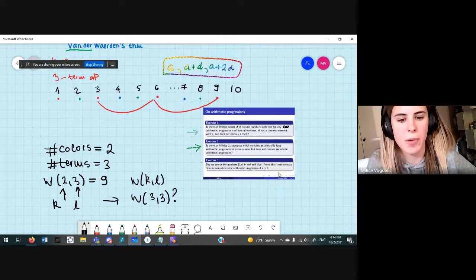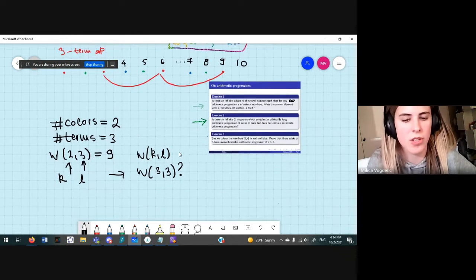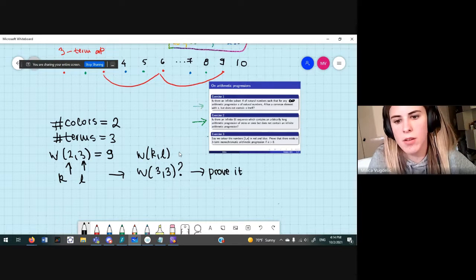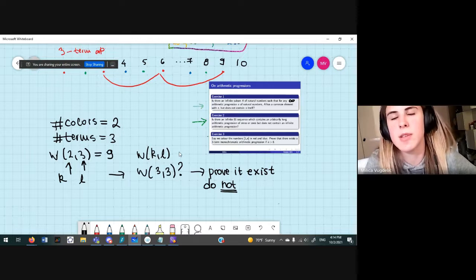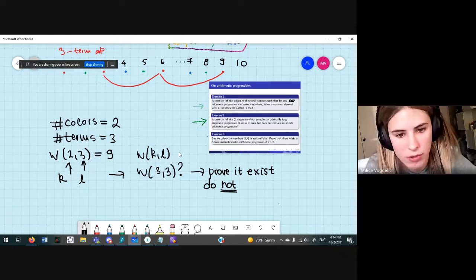Just try playing around with it, devise a general plan, just prove it exists. So do not try to find the minimal number. It misses the point of the proof, and it's very not fun to construct the counterexample.